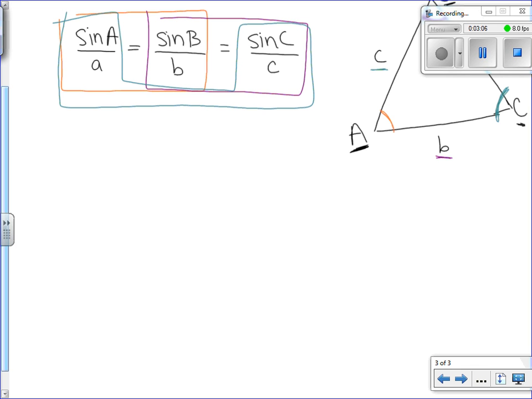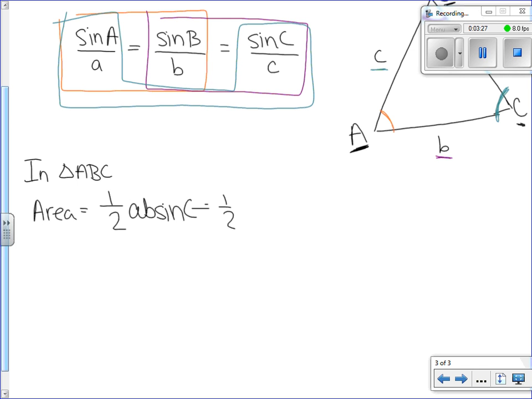That was in a previous video where we had, in triangle ABC, we know that the area is equal to 1/2 AB sine C. We can also have 1/2 BC sine A, or we could also have 1/2 AC sine B.